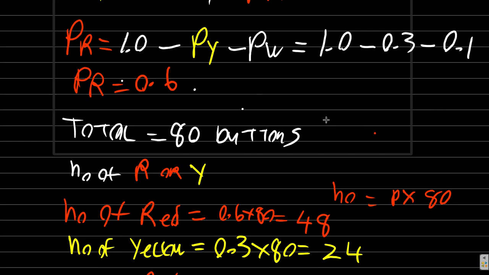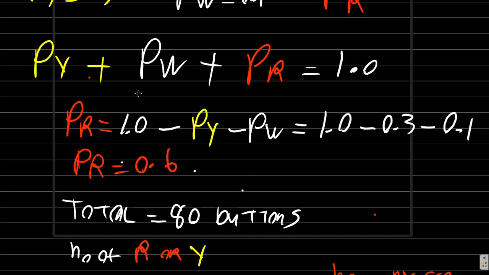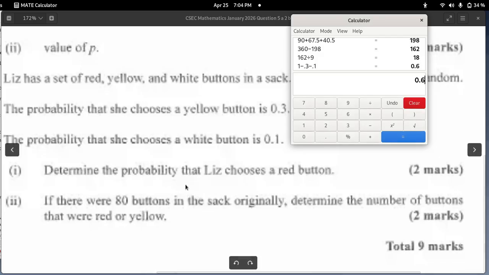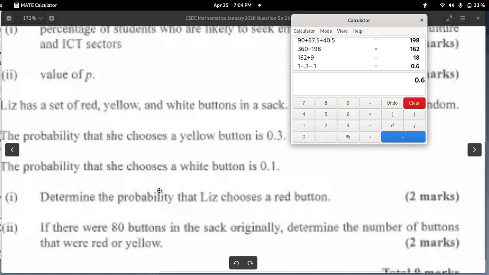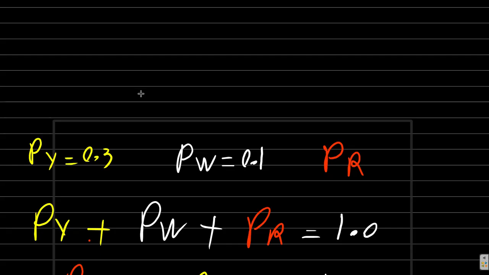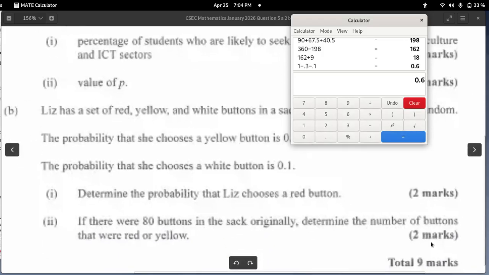So that is what you have. Probability of yellow 0.3, probability of white 0.1, and it asks you for the number that were red or yellow.